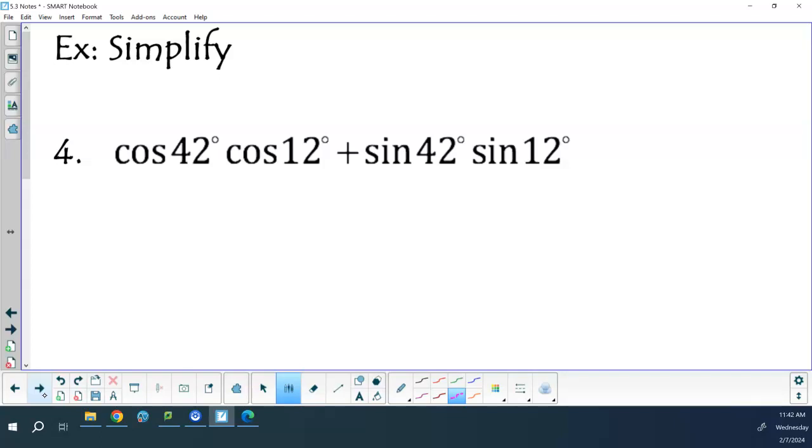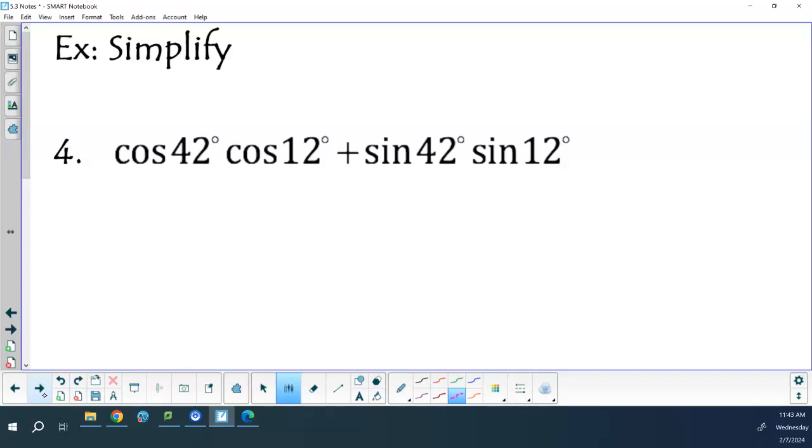Which one is cosine, cosine? Sine, sine. That's close. That's cosine, right? Is cosine same or opposite? It is opposite. Okay.